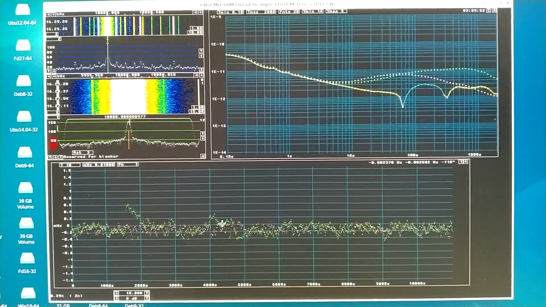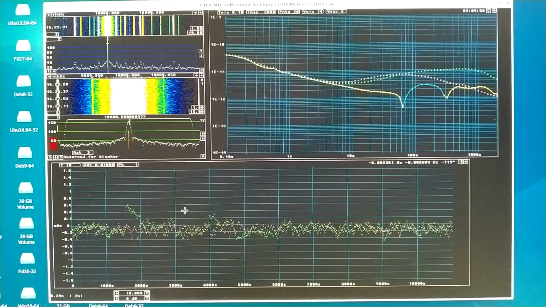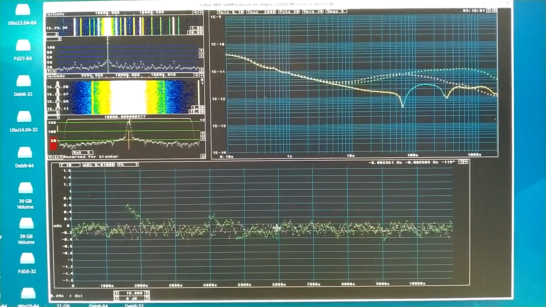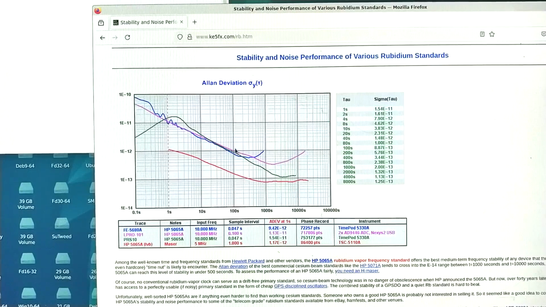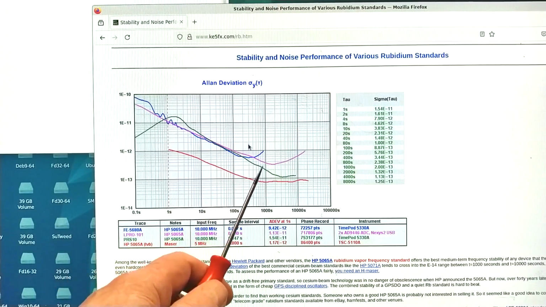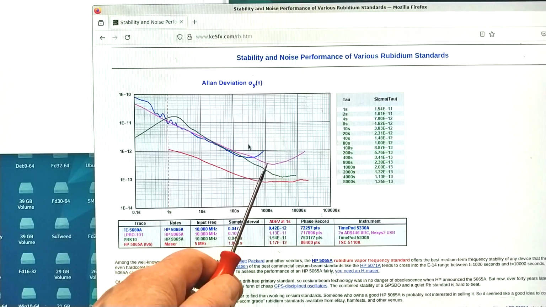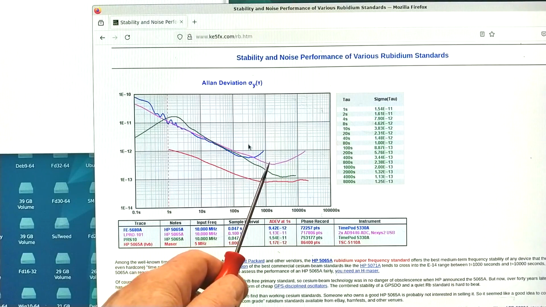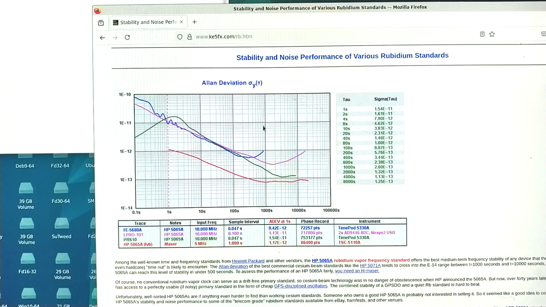To do this measurement, I could not use the direct conversion receiver with the sound card, because the frequency here is the same as the frequency on my reference oscillators now. So I am using the SDR-IP here. KE5FX has measured the LPRO, and he finds 10 to minus 12 at 100 seconds and 2, 3, 4 times 10 to minus 13 at 1000 seconds.